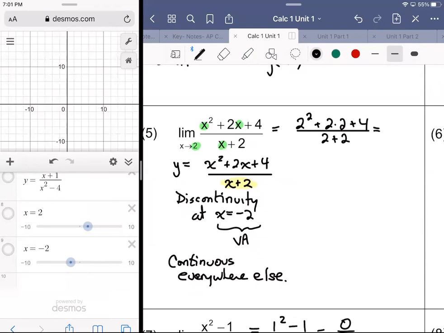But the bottom line is knowing when you need to factor and when you don't, that's pretty important. So 4 plus 4 plus 4 is 12 over 4 gives you a result of 3. So we get our answer straight away.